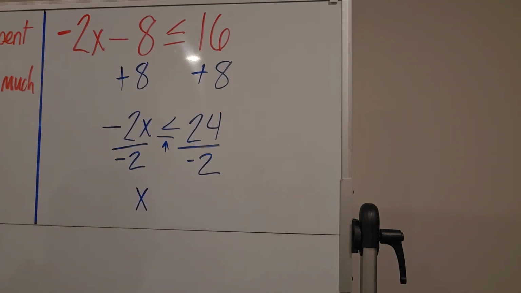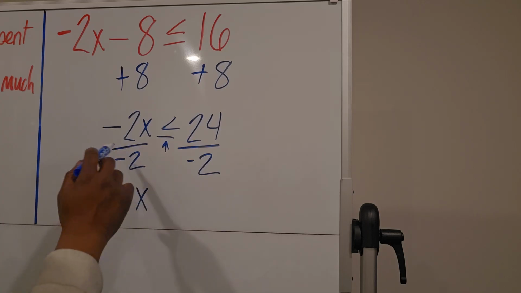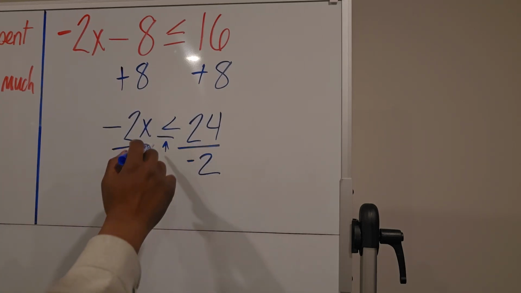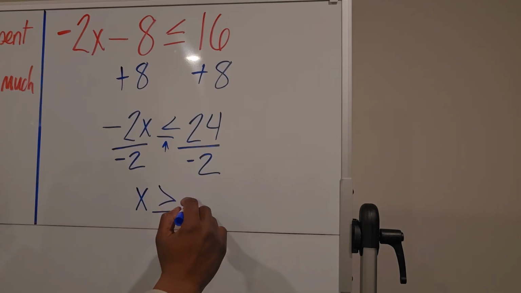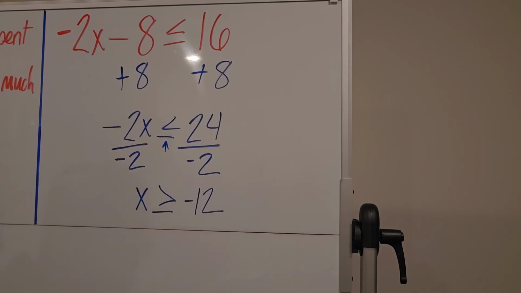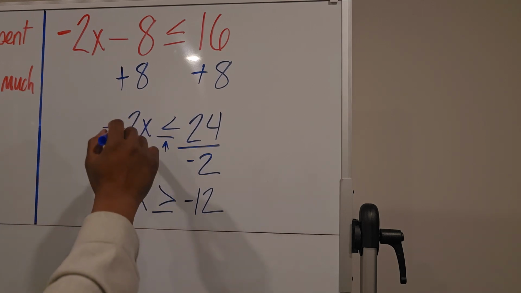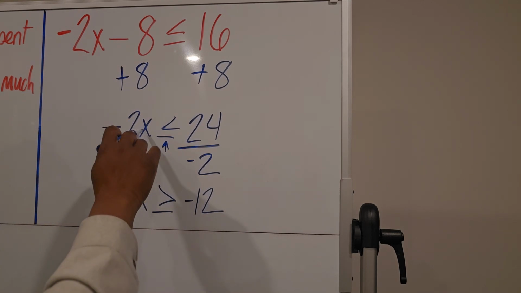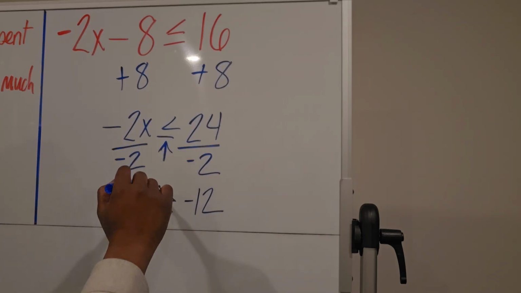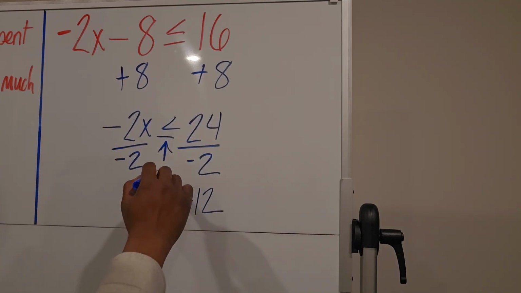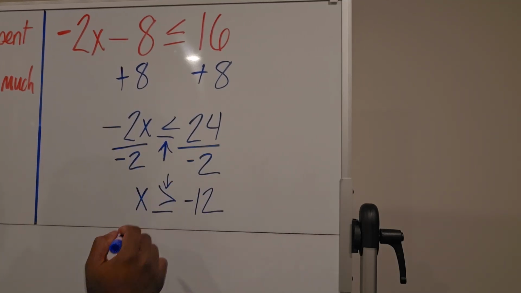So write that down, pause. If you divide by a negative number, this sign flips and becomes like this. If you divide by a negative number, this sign flips and becomes that way. That is the only time that it will change, okay?